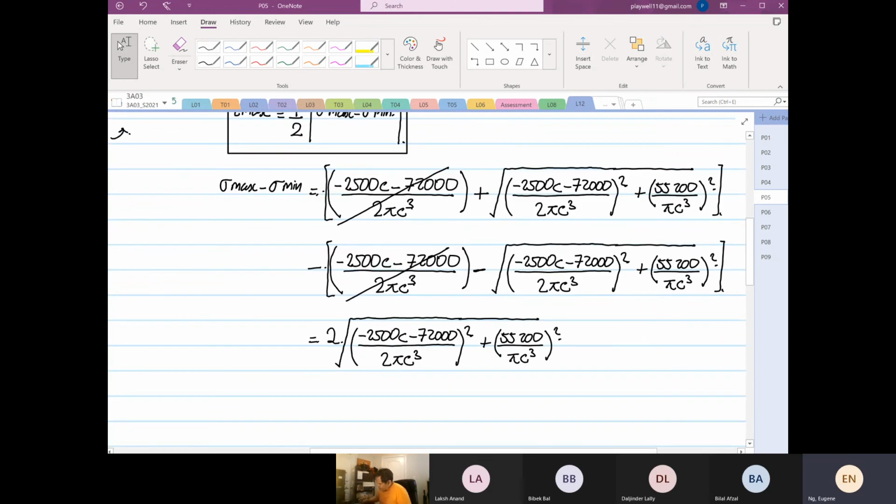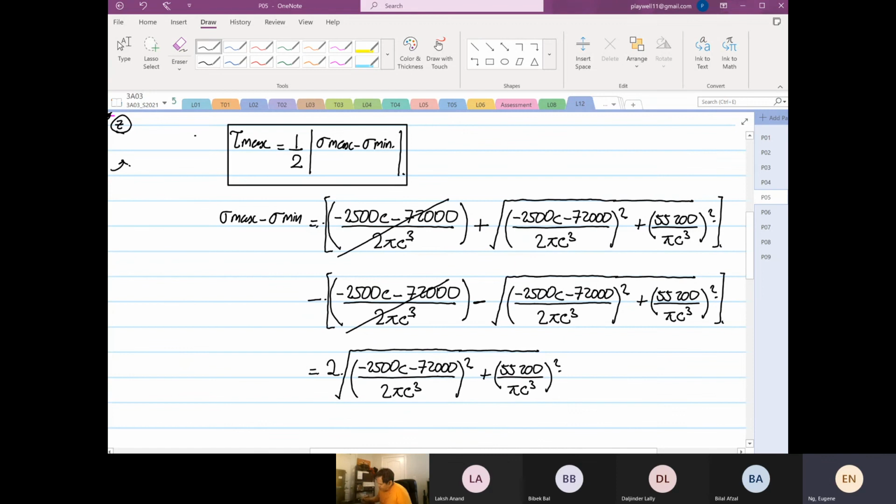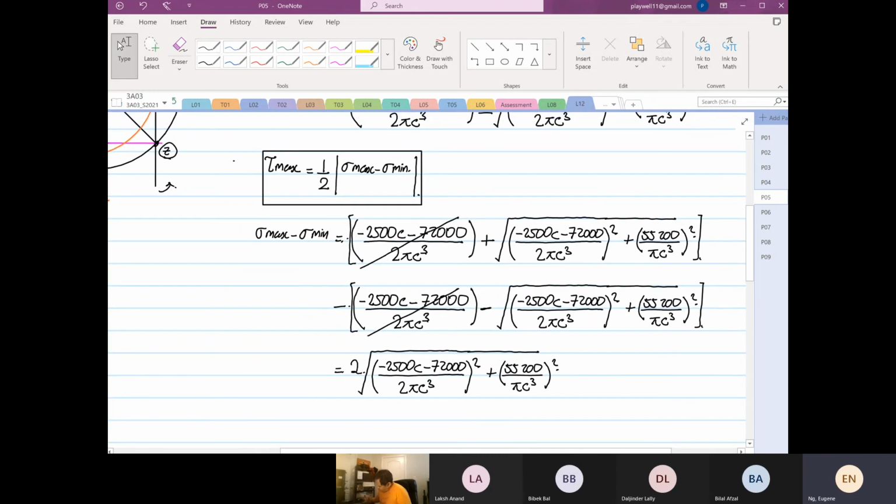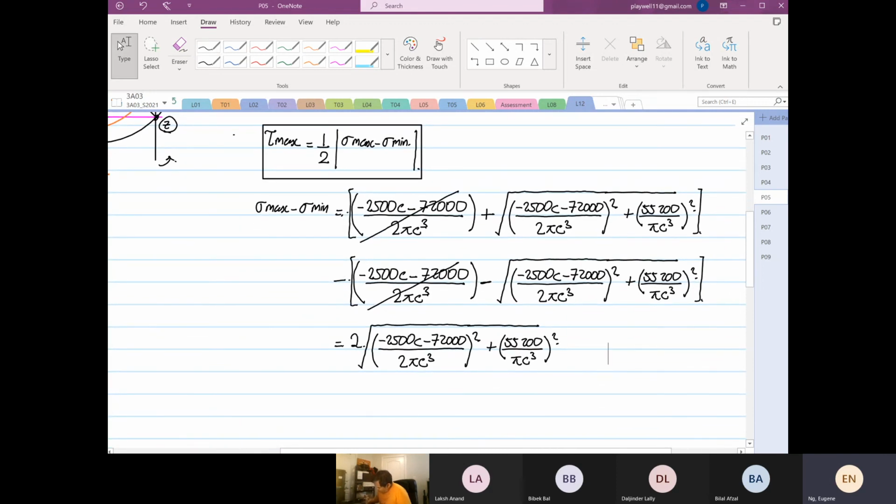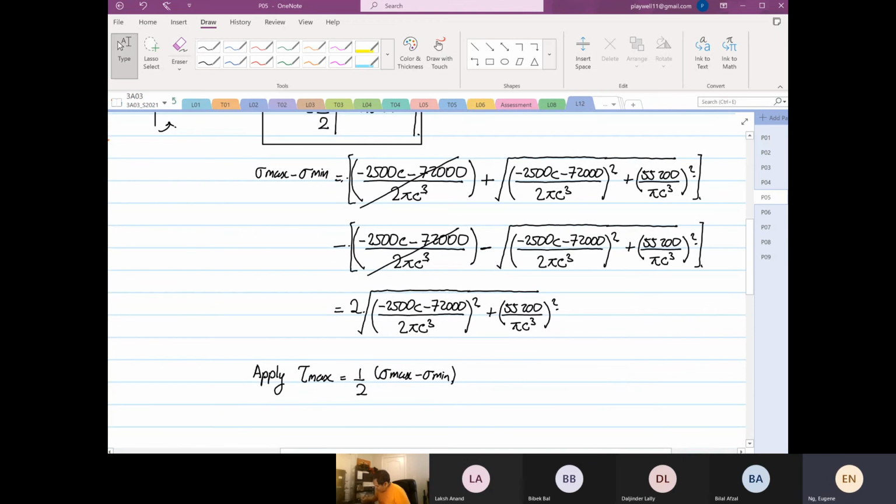So we found what is stress max minus stress mean already. So we know that we have to apply tau max is equal to half stress max minus stress mean.